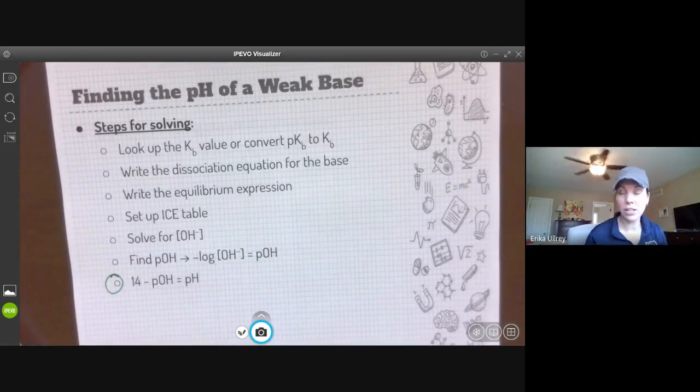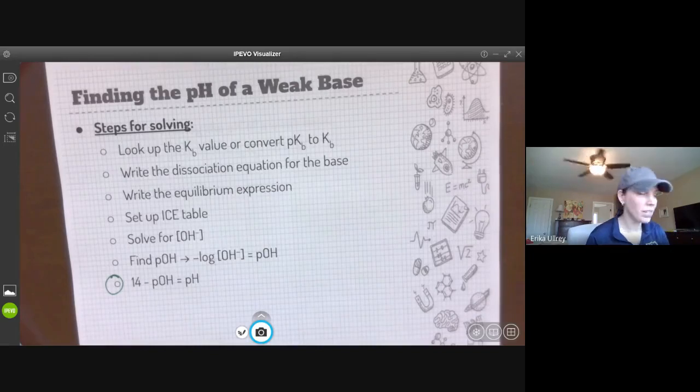If you were catching on to how to figure out the pH of a weak acid, figuring out the pH of a weak base is only one additional step, but the setup is the same. If you were struggling with that the other day, hopefully by doing a few more of these base calculations, it'll also help you with your weak acid calculations because it's all kind of the same mechanics.